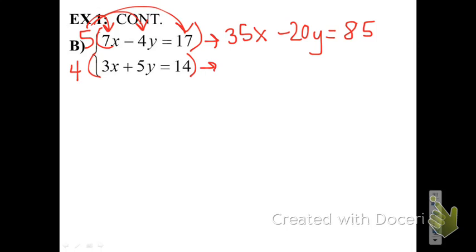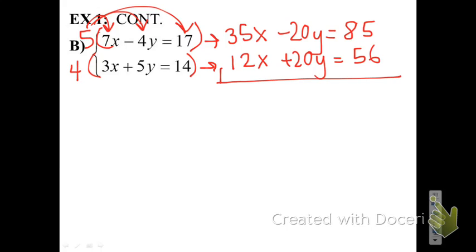We do the same thing with the 4, distribute it to all 3 terms. 12x plus 20y equals 56. Then we're going to go ahead and add these. Right here you should see that we have opposite coefficients. So when we add them, they will eliminate, and we add the 35x plus the 12x to get 47x.